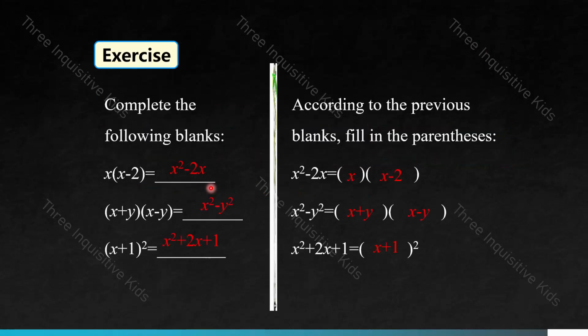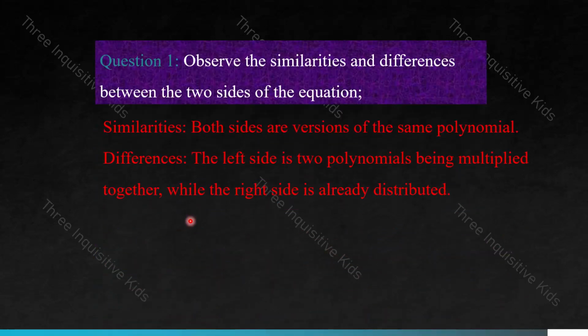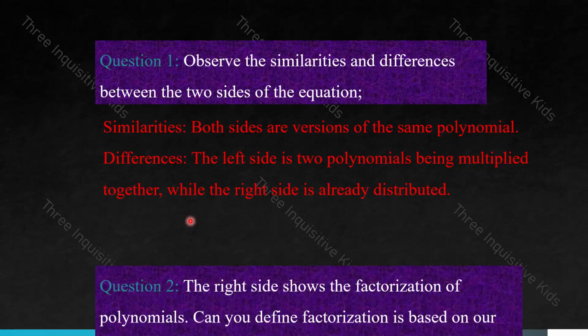So the left side, as you can see, is two polynomials being multiplied together. x plus y is its own polynomial, and so is x minus y. But on the right side, it's already combined into one polynomial, which is x squared minus y squared. So those are the similarities and differences.